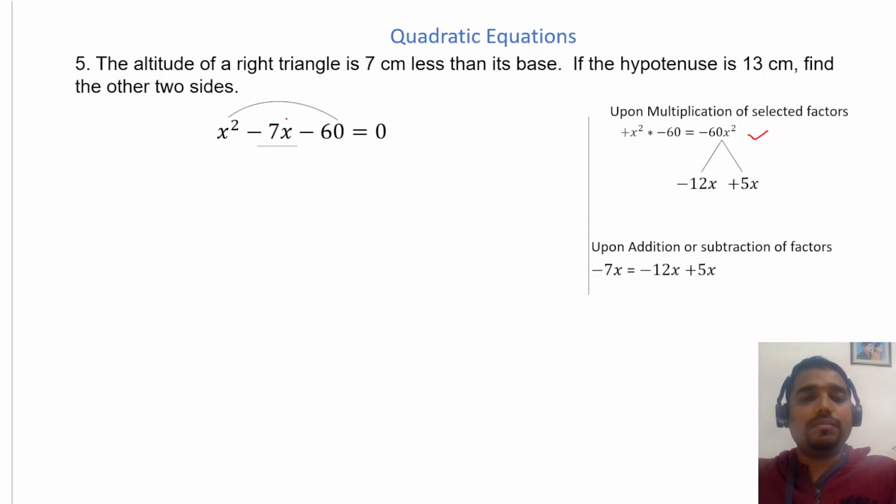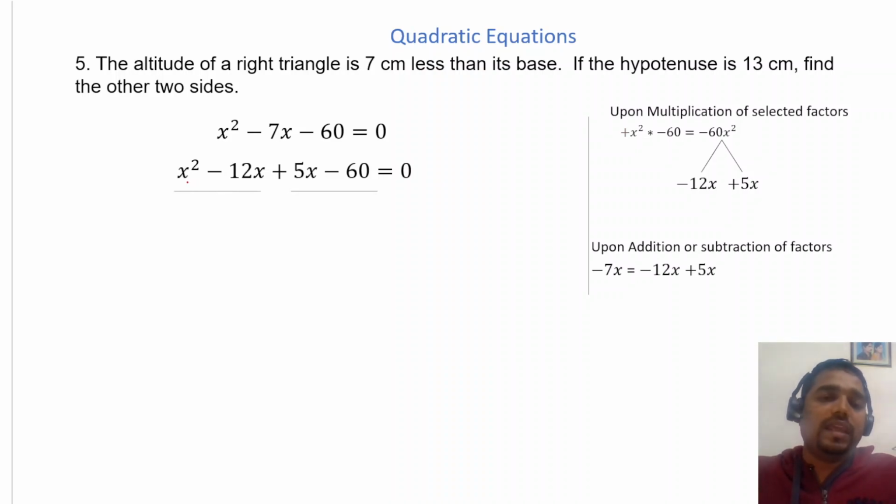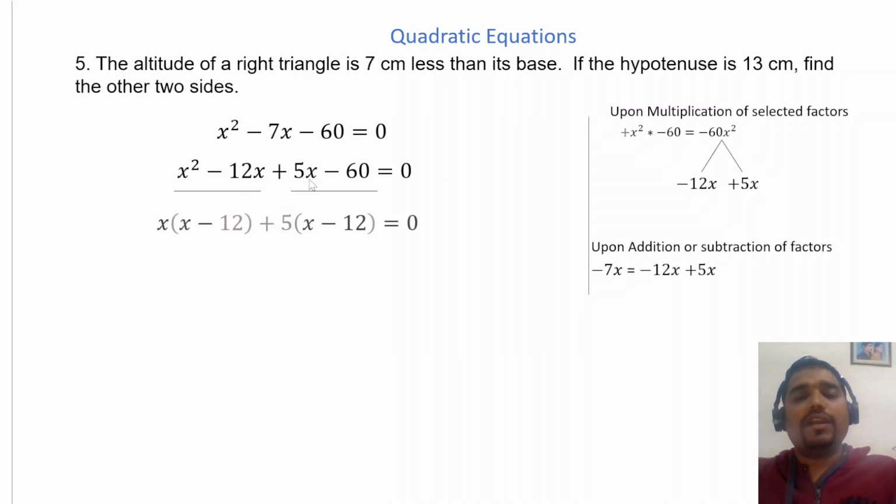So replace the middle term minus 7x with the two terms minus 12x and plus 5x. That is, x square minus 12x plus 5x minus 60 is equal to 0. Now take common factors between the first two terms and the last two terms. The common factor between x square and minus 12x would be x, and between 5x and minus 60 we would take 5 common.